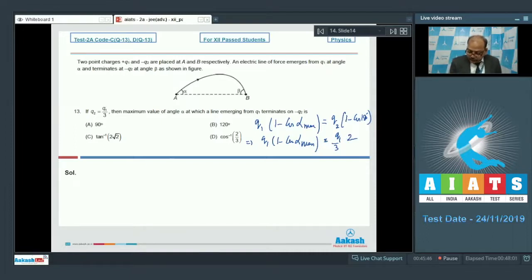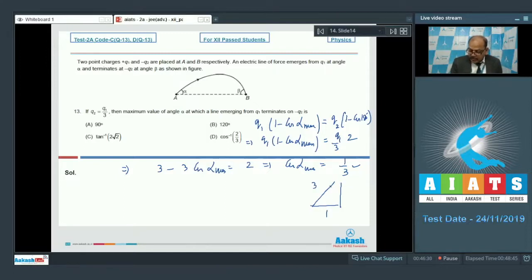Solving, we get 3 minus 3 cos alpha max is equal to 2, or cos alpha max is equal to 1 by 3. So that alpha max is cos inverse 1 by 3. Well, options A, B and D do not match. So what we do is we draw a right angle triangle whose base is 1 and hypotenuse is 3.